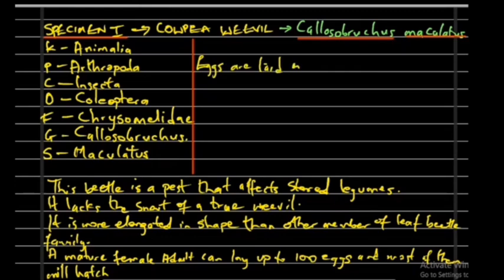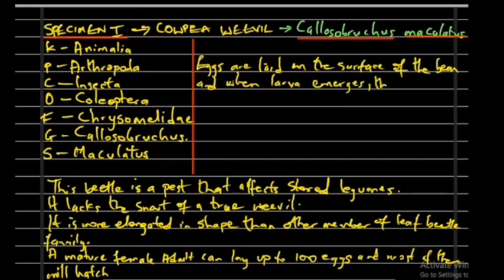Eggs are laid on the surface of the bean, and when the larva emerges, they burrow into the bean.